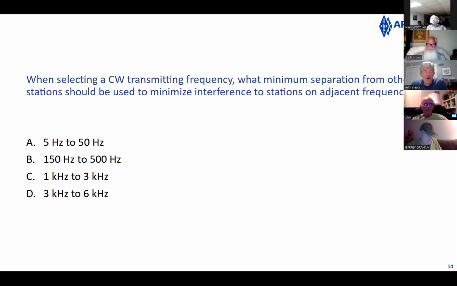I think Chris is right when he said in the chat B. Yep, B. 150 to 500 kilohertz.